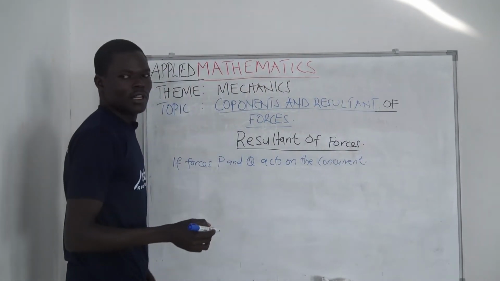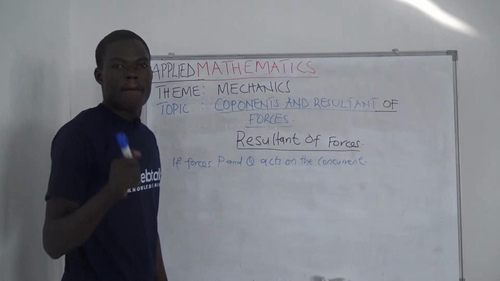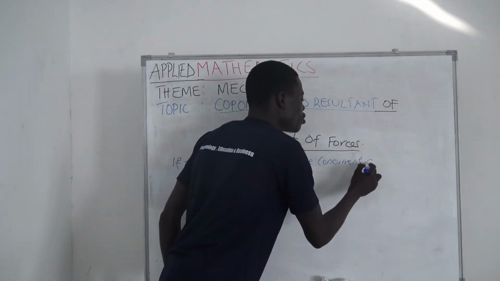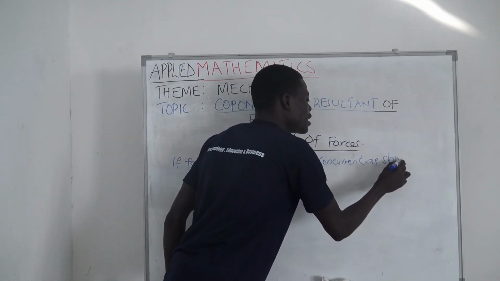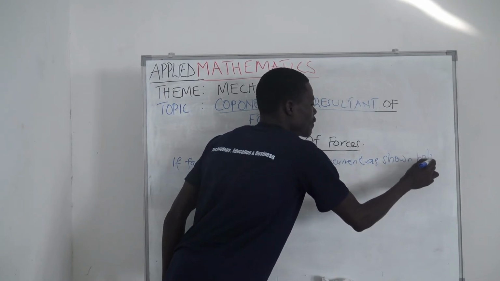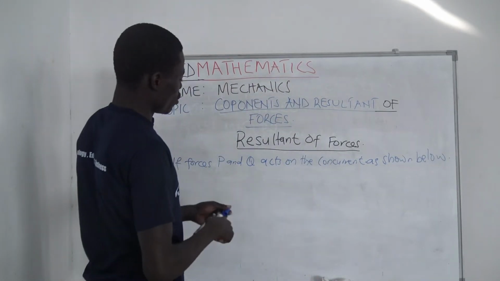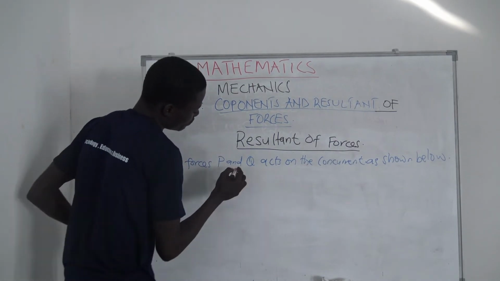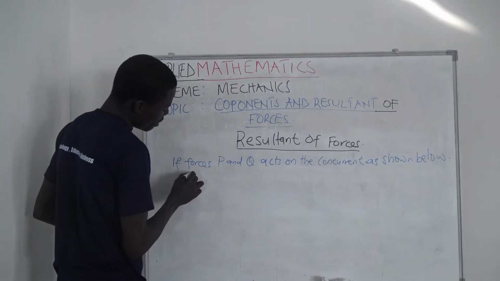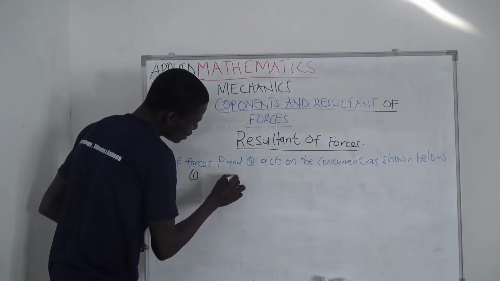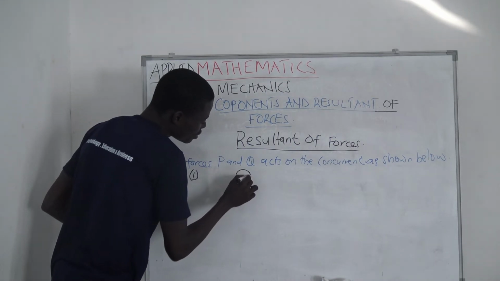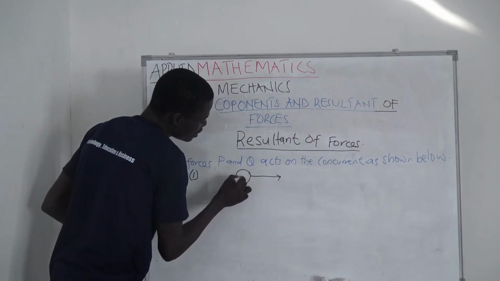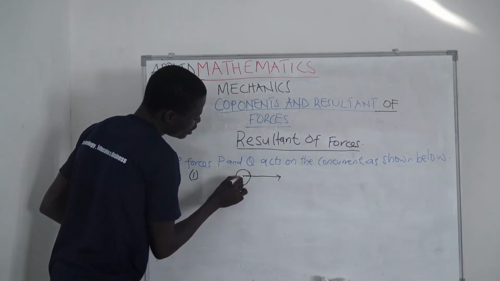If forces P and Q act on the body concurrently, as shown below this text. The first one is pulling this side. This is our point of the body, so the force which is pulling is that.